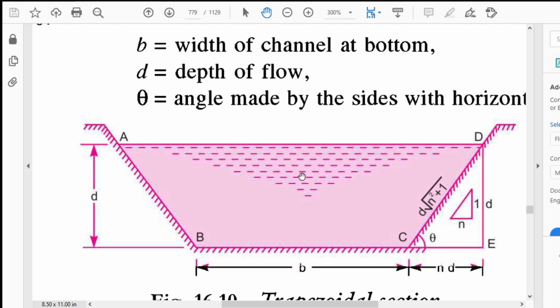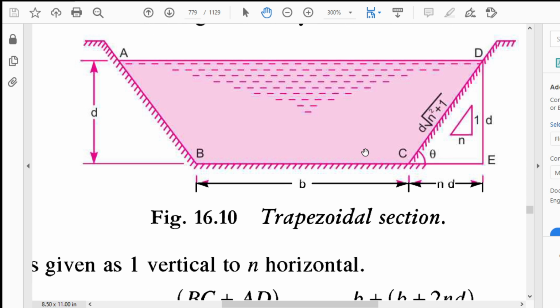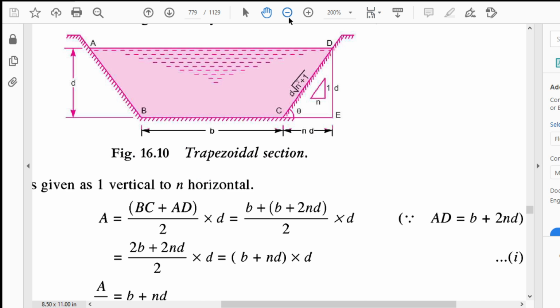The first condition for this trapezoidal section to be most economical is that one of the sloping sides should be equal to half of the top width. That is, (B plus 2ND)/2 should be equal to D square root n square plus 1.